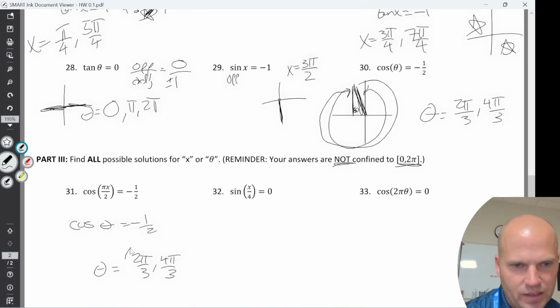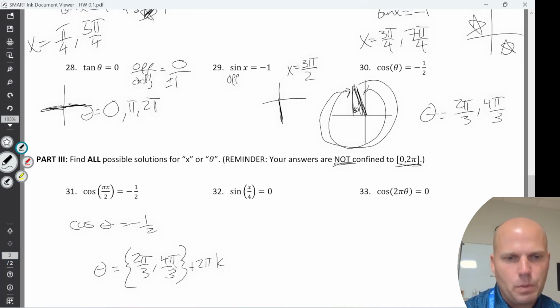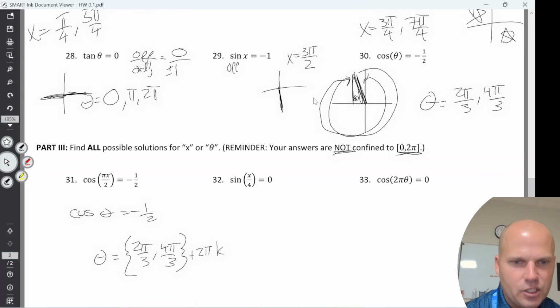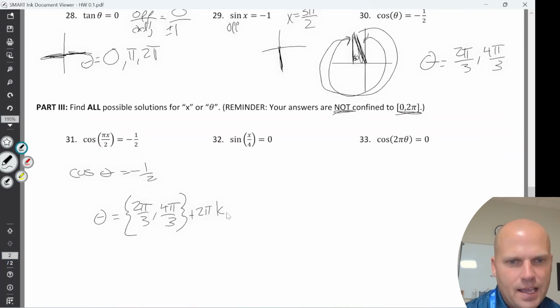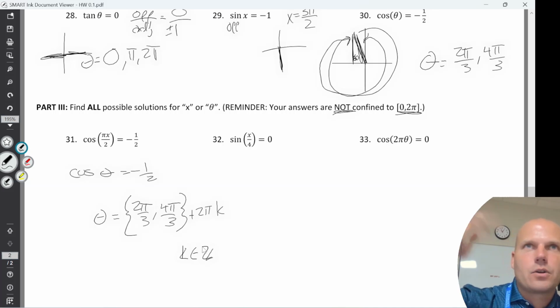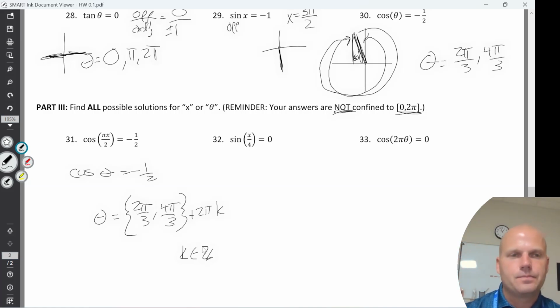So we have to understand that, yes, these are two solutions, but any multiple of 2 pi, adding and subtracting, works. This is why we break out this 2 pi k. What is k? Well, if k is an integer, then adding or subtracting an amount of 2 pi's will get you back to the same location. Okay, that's the first thing.